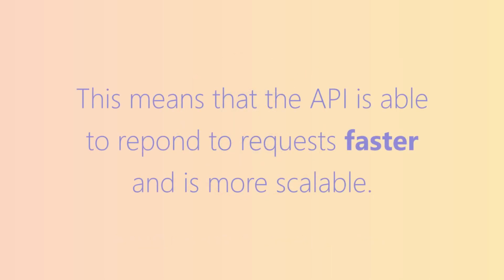This means that the API can respond to requests much faster, since we don't have to query the database to check whether the user is who they say they are, and then wait for the database to respond before starting to process the request.